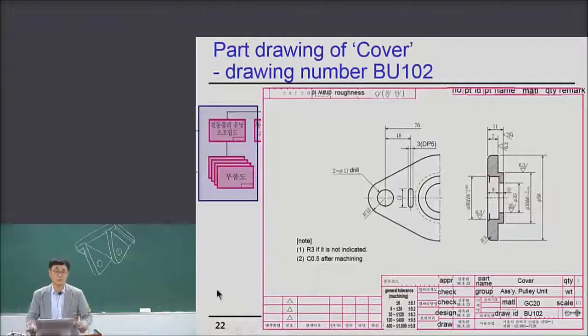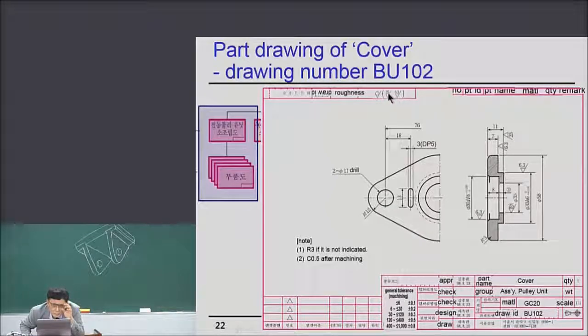Since this is a cast iron material, the edge is very rounded, so R3 is the nominal dimension. C0.5 after machining, right? And you see the roughness here.